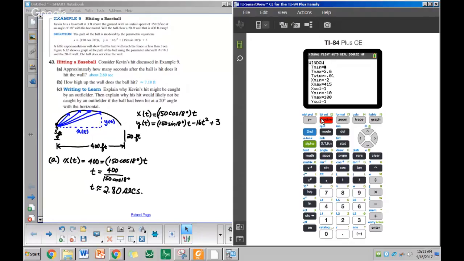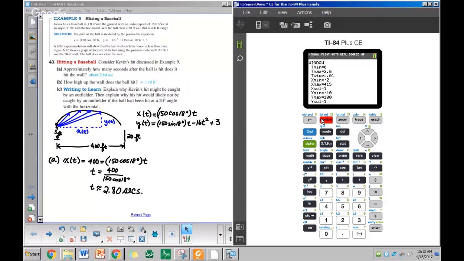Number 9, which you can't see, is the graph format, okay? And you want to be not in sequential mode, but in simultaneous. Okay, that's how you do it.